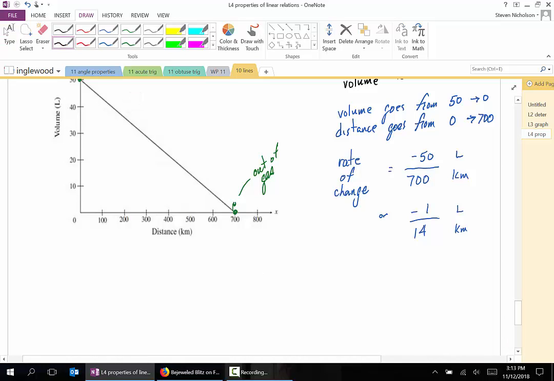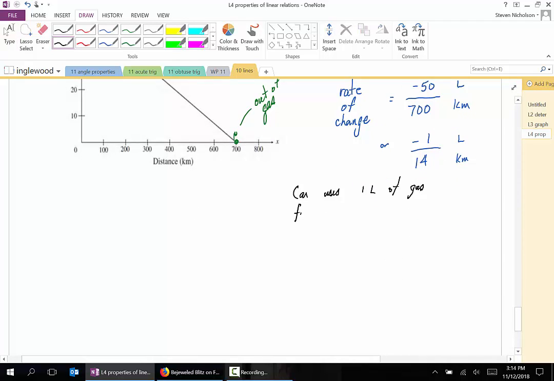One way of saying what this rate of change is: the car uses 1 liter of gas for every 14 kilometers.